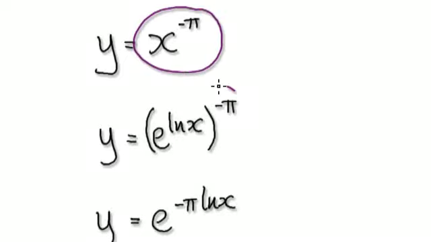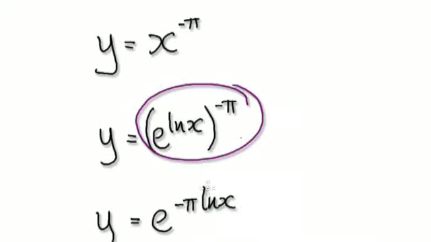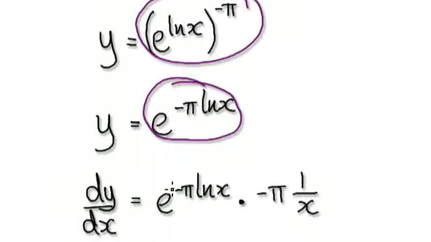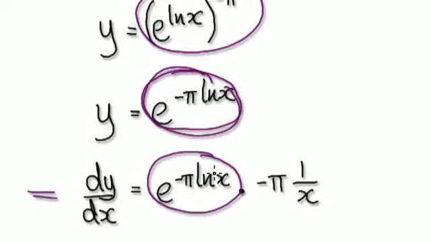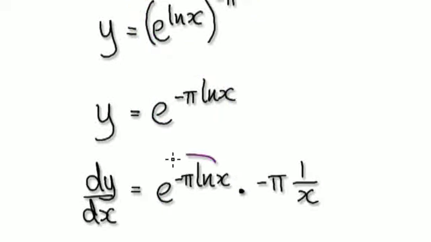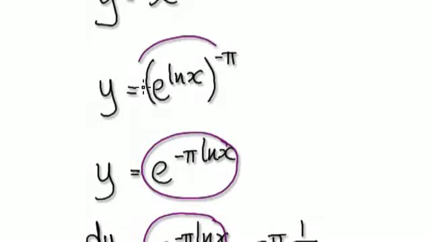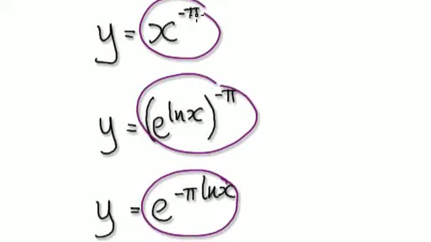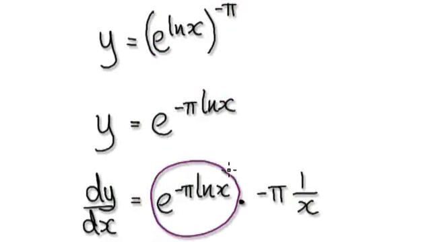So my point is that when you get to this stage here, this thing here is exactly the same as this. This thing here is exactly the same as this thing here. And this thing here is exactly the same as this thing here.